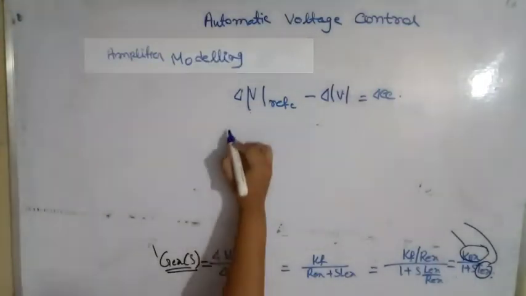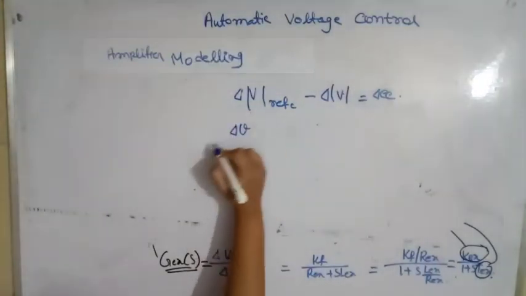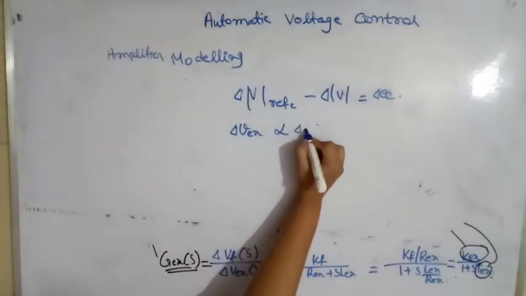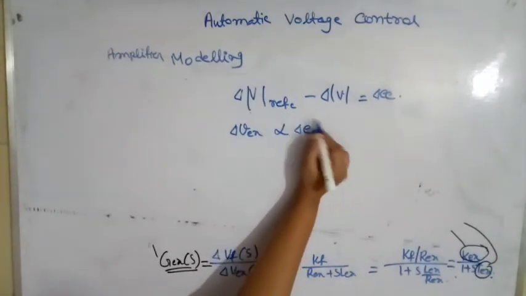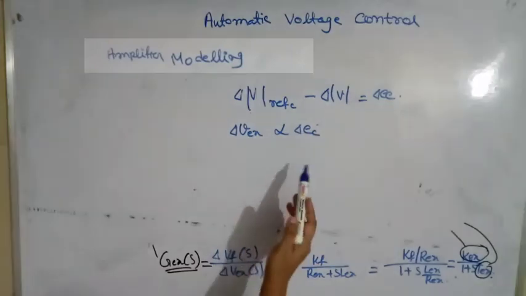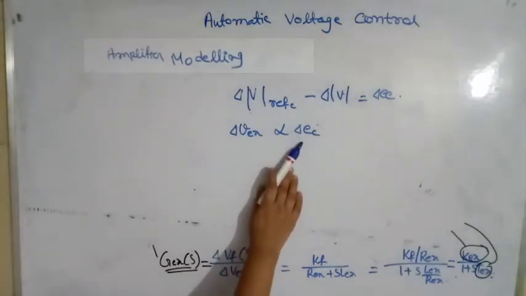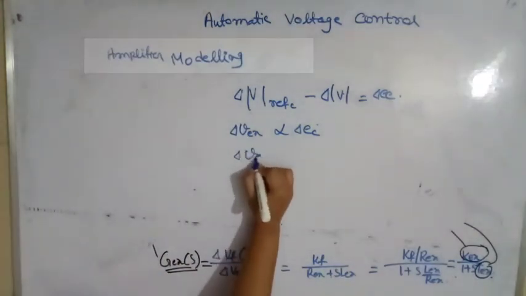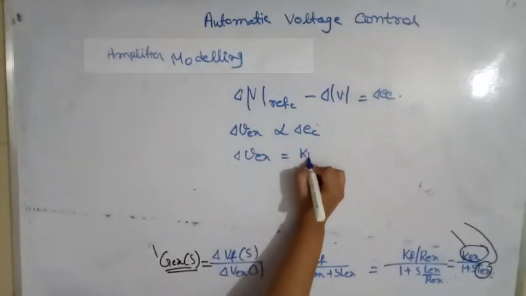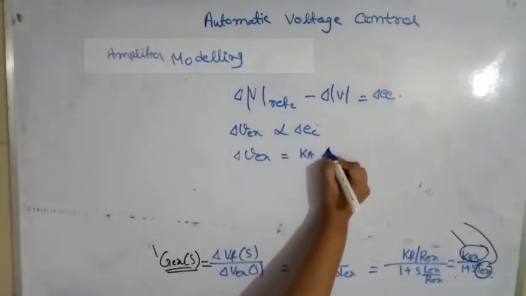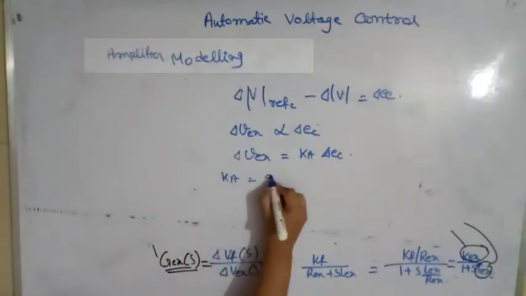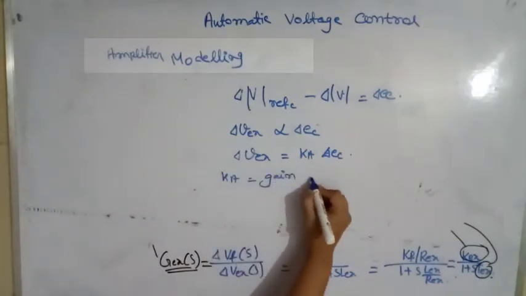Obviously the voltage of the exciter is proportional to delta Ec, the amount of error, because the signal from the error is sent to the exciter. From here delta Vex is equal to Ka delta Ec, where Ka is the gain of the amplifier.